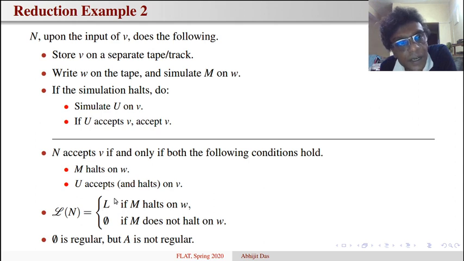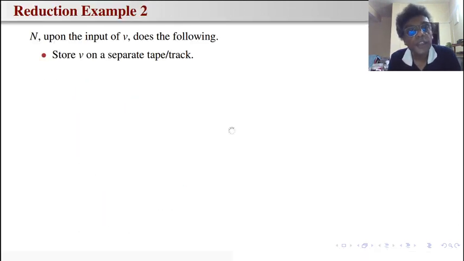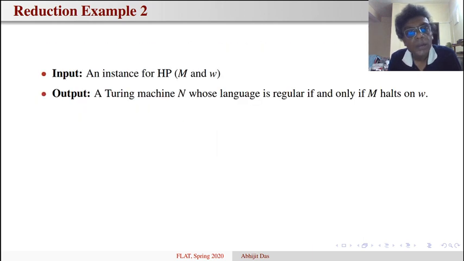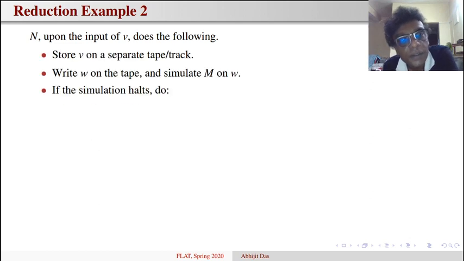If a decider exists for this problem, we can anyway flip the decision of the decider and do just the opposite of the decider. So the output should be a Turing machine whose language is regular if and only if M halts on w. But if we do it the other way, a Turing machine whose language is not regular if and only if M halts on w, this is also fine. And this is what we have done precisely in this context.